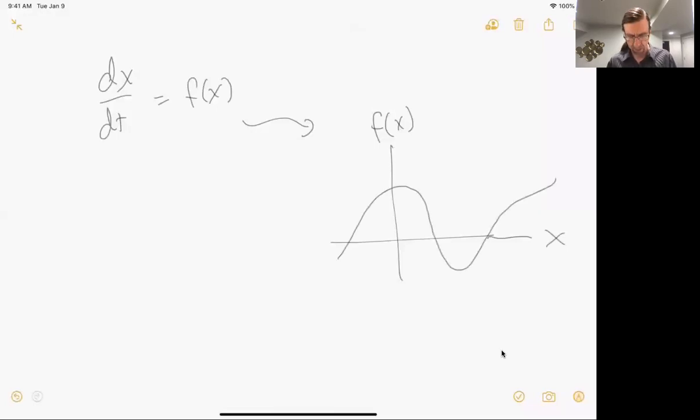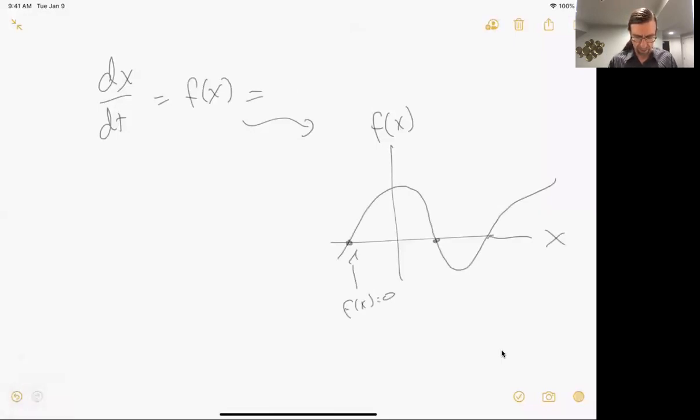The points where it crosses the x-axis are the places where f(x) equals 0. And if f(x) equals 0, going back to the original equation, that means we have 0 up here, which means we're at an equilibrium point, right?